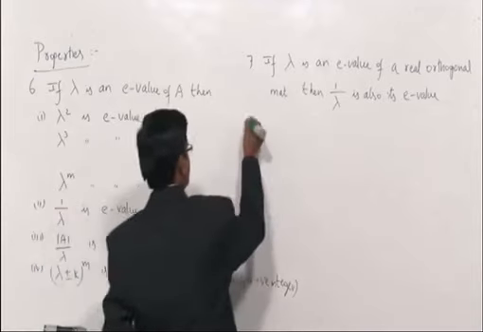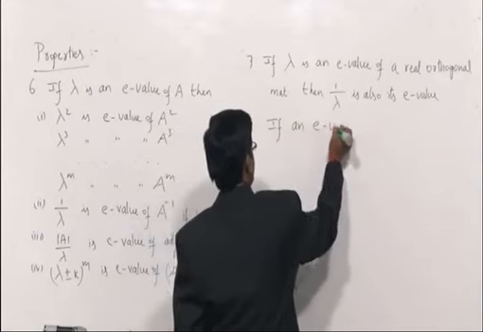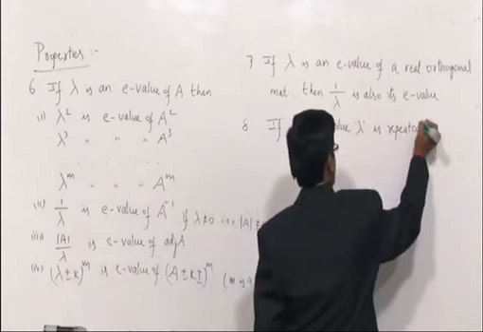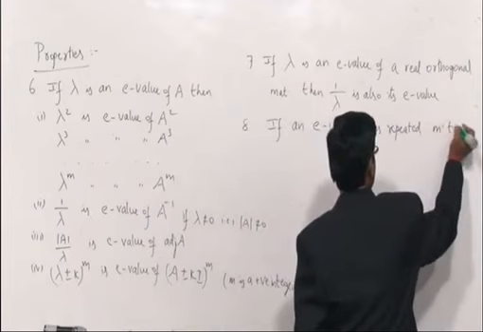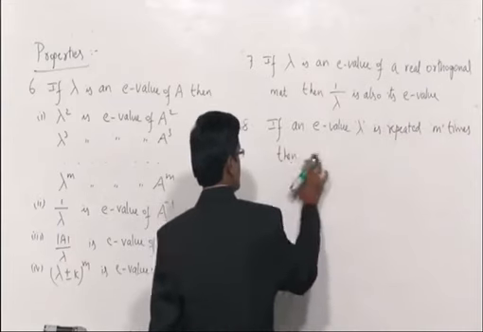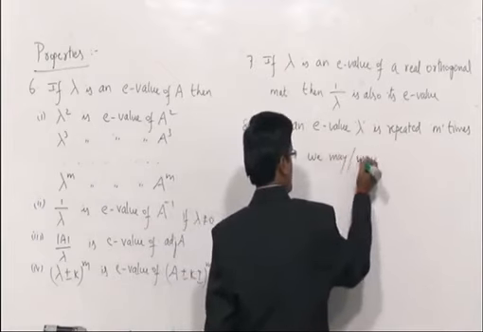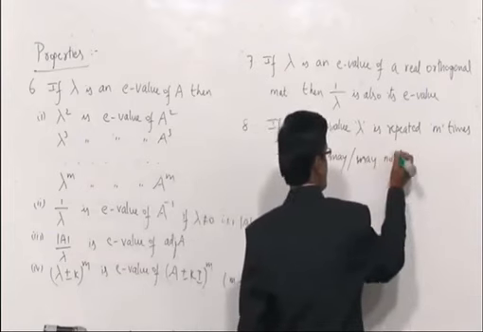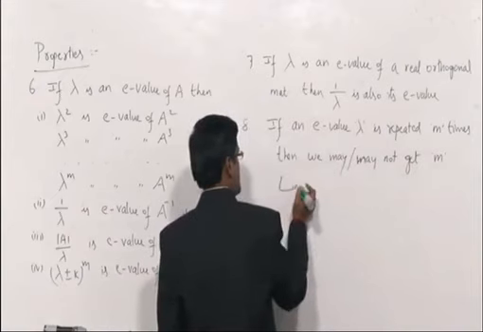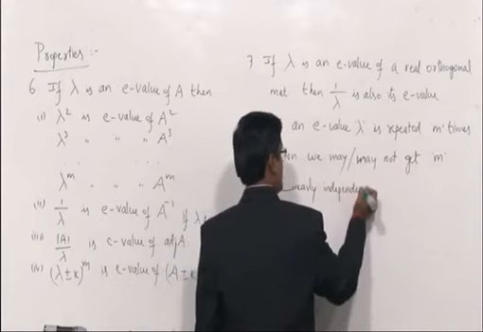Next, 8. If an eigenvalue lambda is repeated m times, then we may or may not get m linearly independent, very important, this one, E vectors.